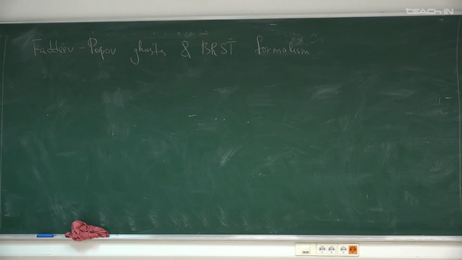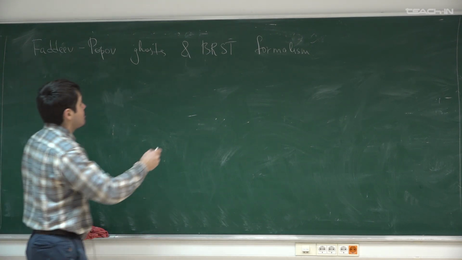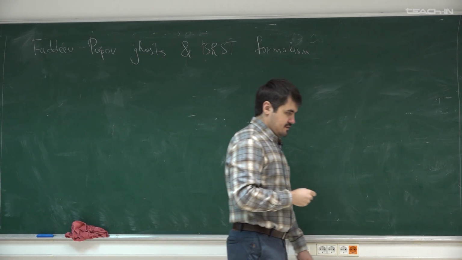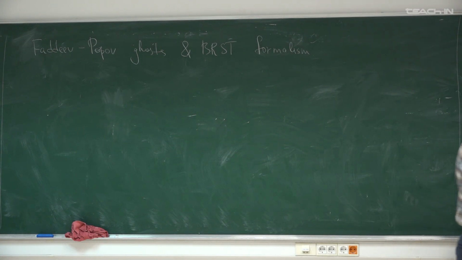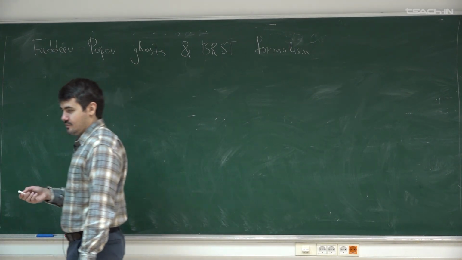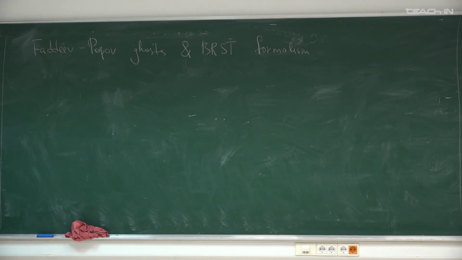Well, it's maybe a more elegant way of describing the spectrum, and besides, it's an interesting system in its own right, called the BC or beta-gamma system. It's a ubiquitous system of conformal field theory. So that's another reason why we discuss it.